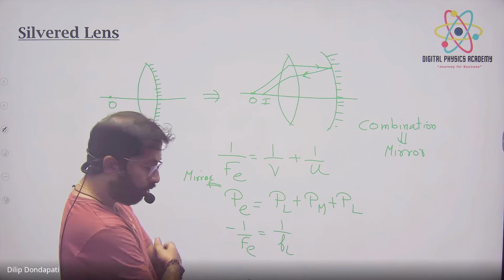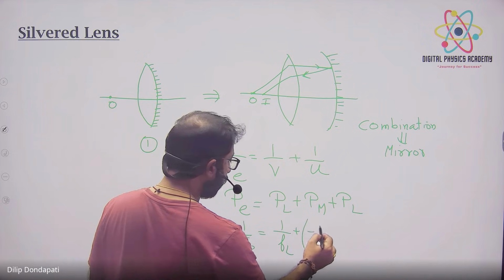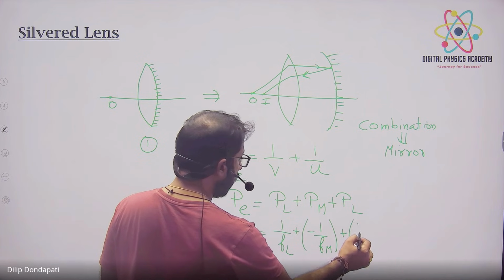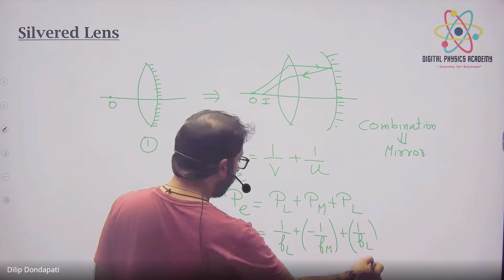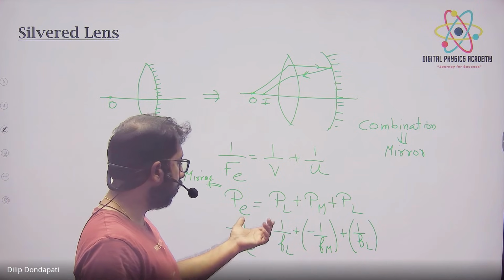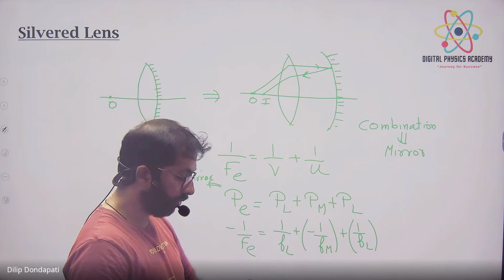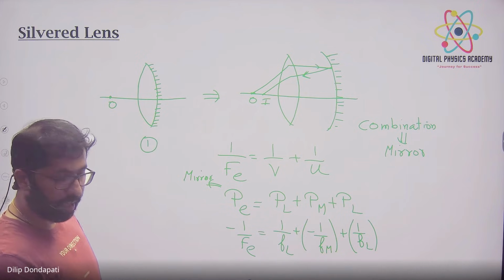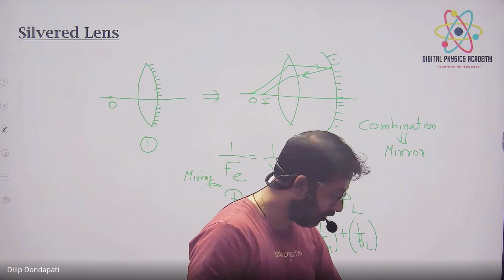Mirror का focal length will be minus 1 by focal length of the mirror, plus lens का फॉर्मूला will be 1 by f L. Equivalent focal length is equal to this one. So ये method follow करके we have to solve the questions.